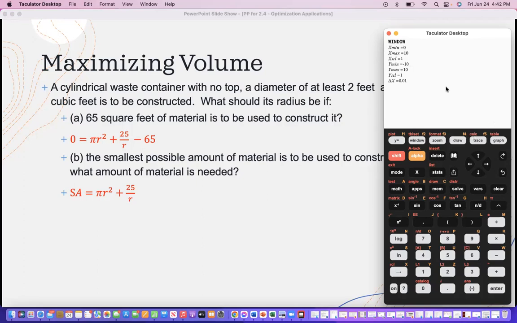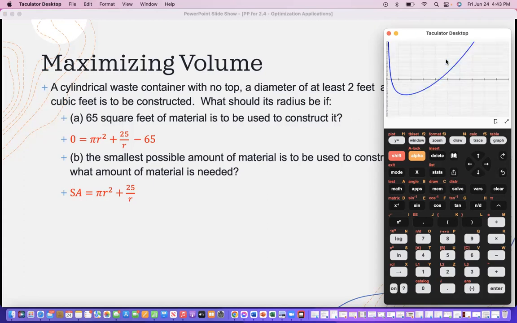And for my Y, we can see that it was above and below the axis, so I'm going to try negative 100 to positive 100.